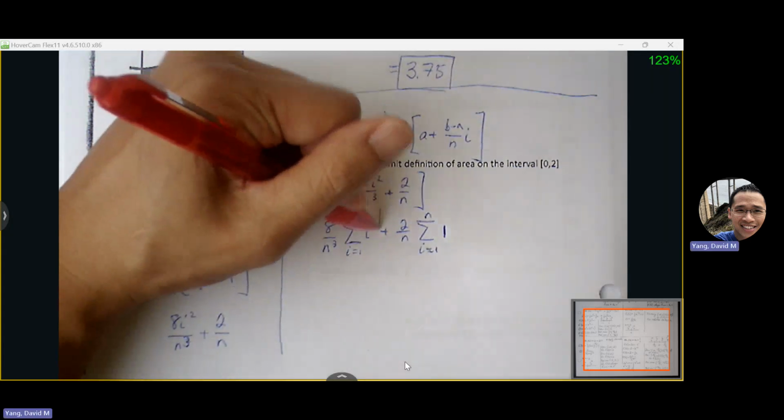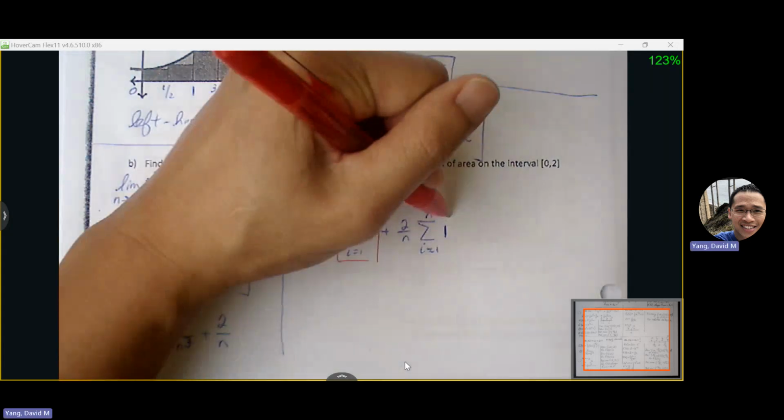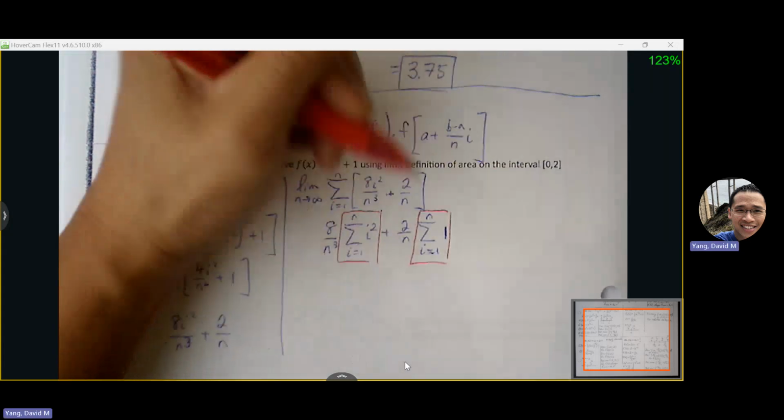I think once we're here, we should be able to identify the summation rules that are associated with each part.